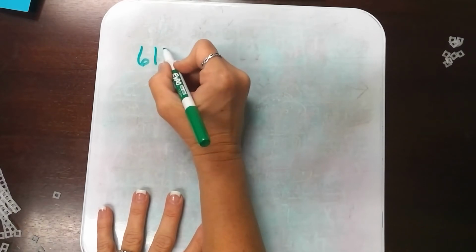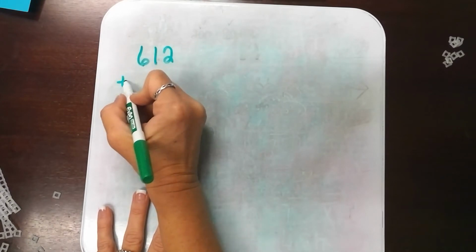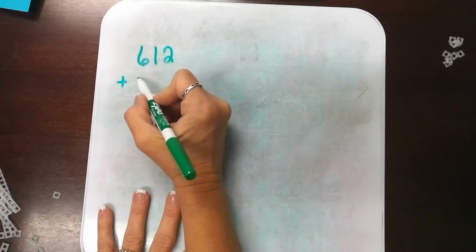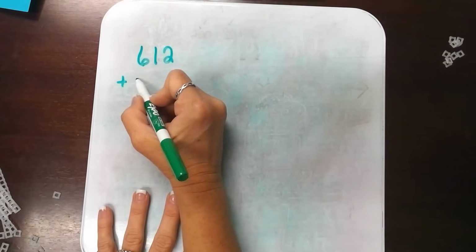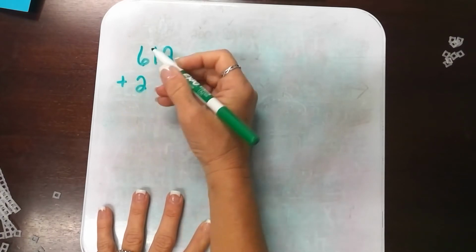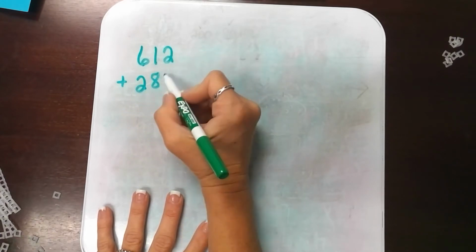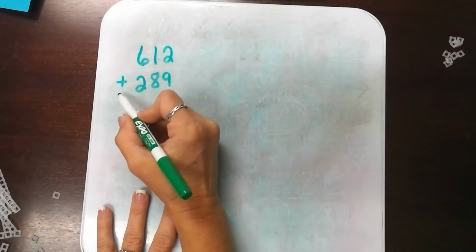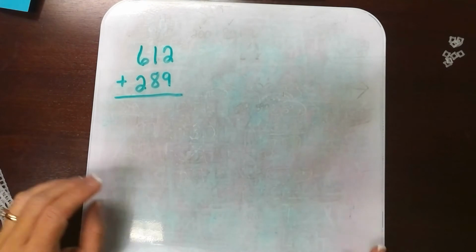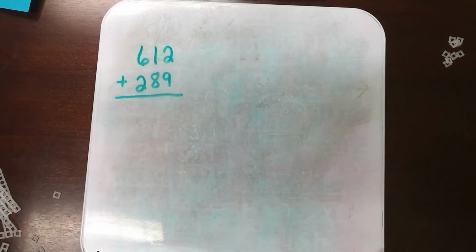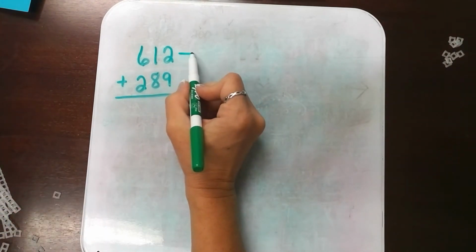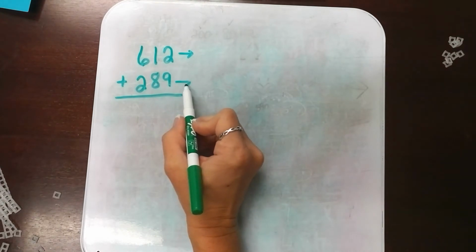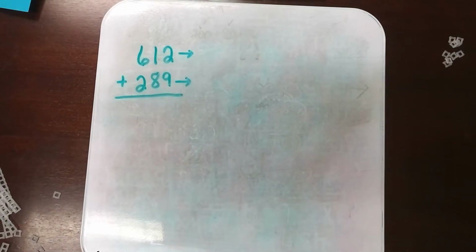So 612 plus 289. Okay. For front-end addition, what students do is they break up each of the numbers into their expanded form.